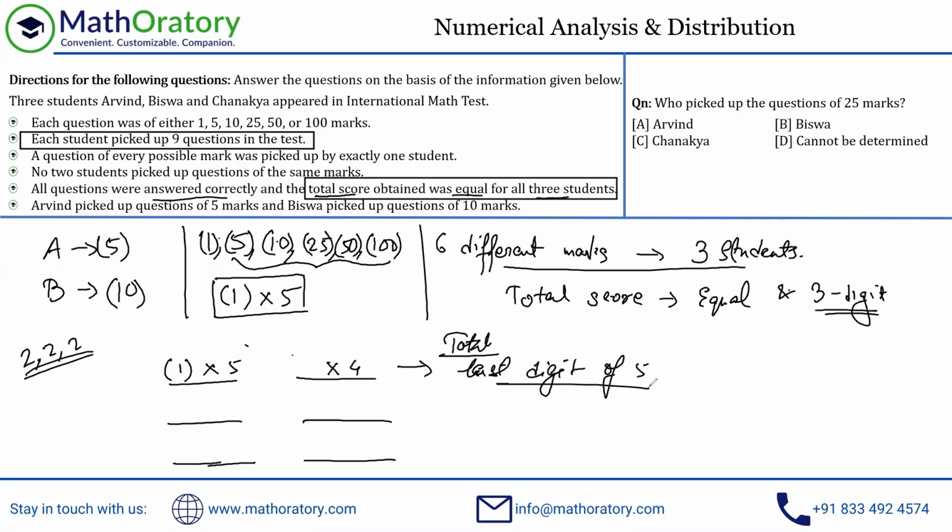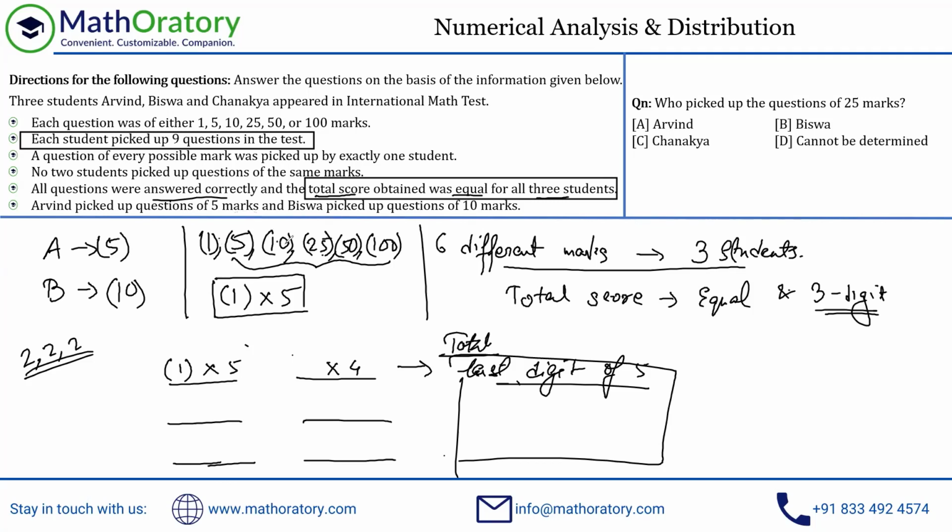That is for sure, right? So 4 questions of whatever type, multiplied to a multiple of 5, will end with a 0, and because this is adding up to 5, the total score has to have a last digit of 5. And since the totals are equal, all of these have to add up to a last digit of 5. So I'm focusing on the 2 marks that are actually odd multiples of 5 to be precise.